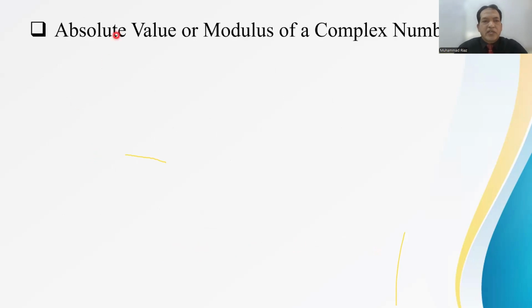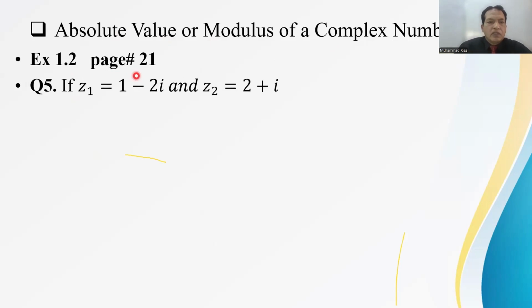Students, for absolute value or modulus of a complex number, we will use another example from exercise 1.2, page number 21. So look at your book, page number 21. Question number 5, you are given two complex numbers.